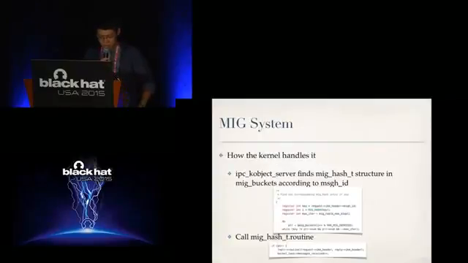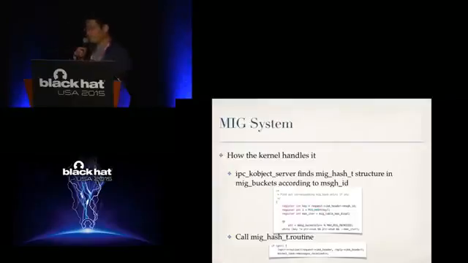So how does the kernel handle this? All the Mach messages into kernel space are dispatched by the ipc_kobject_server function, and this function finds a MIG hash structure in the mig_buckets variable according to the message ID. Then it will do some checks and call the routine in this structure.